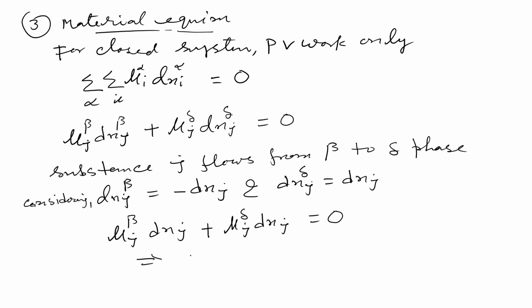From here I can write, sorry, one thing I have written wrong here because it is minus. So here I'll write (mu J delta minus mu J beta) dnJ is equal to 0. I'll write in the next slide.